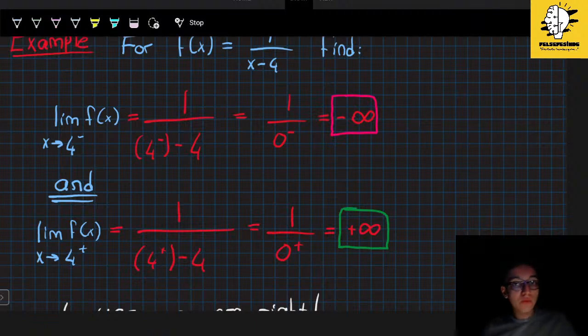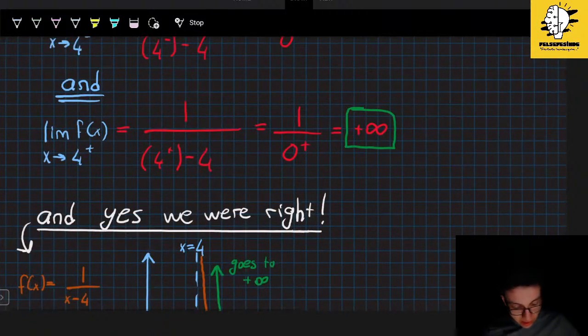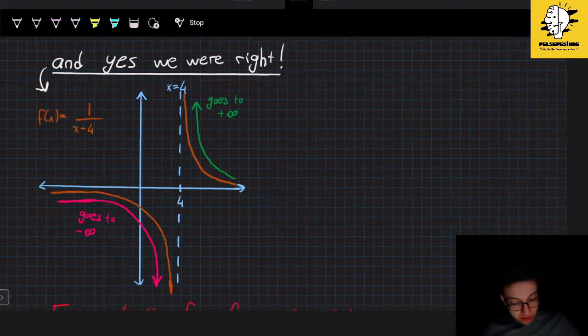So let's see if we were correct or not. Now, and yes, we were right. Why? This was the function that we mentioned, 1 over x minus 4.